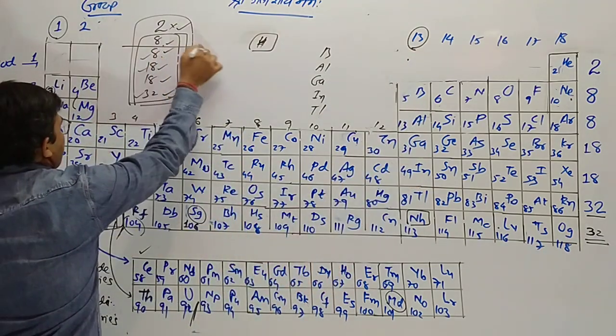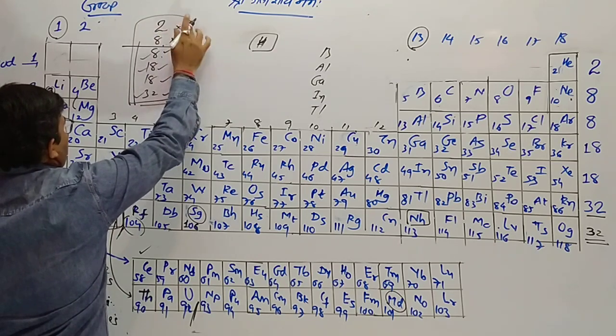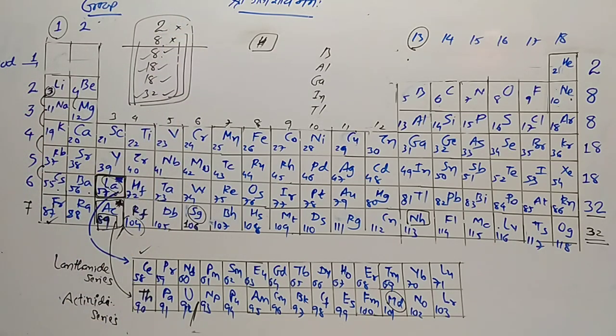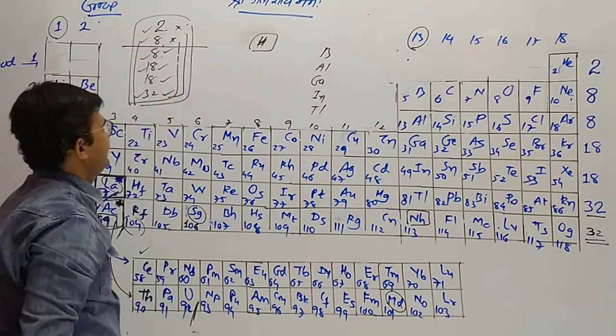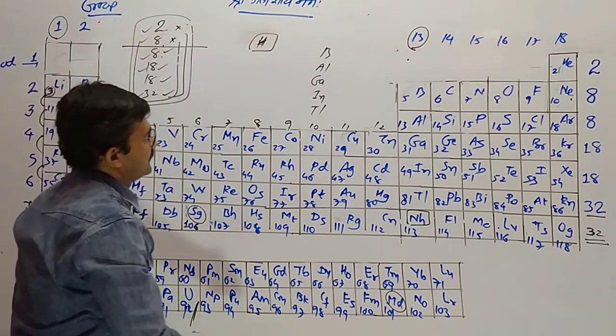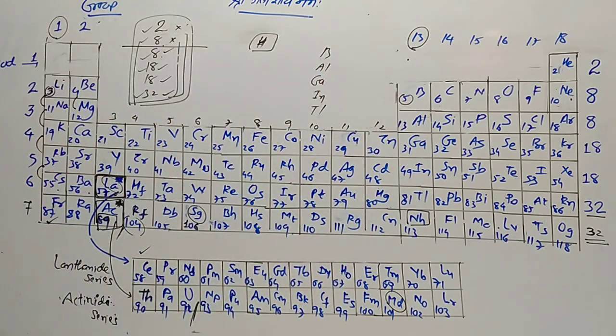Then we have to use only 4 codes, and which are the last 4, not the initial. Last 4: 8, 18, 18, 32. Now first, compulsorily, we have to remember 5.